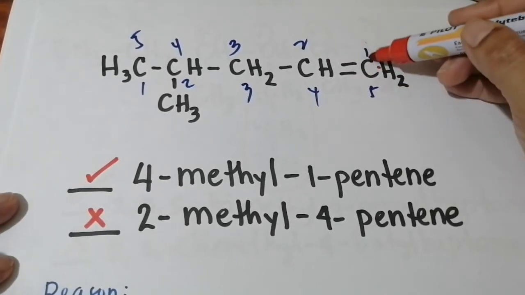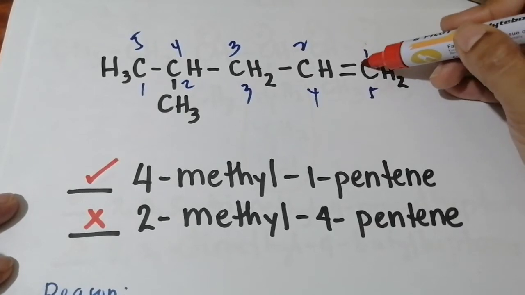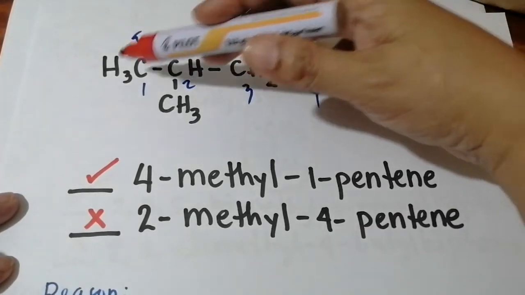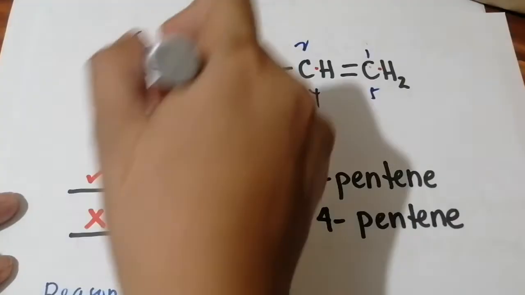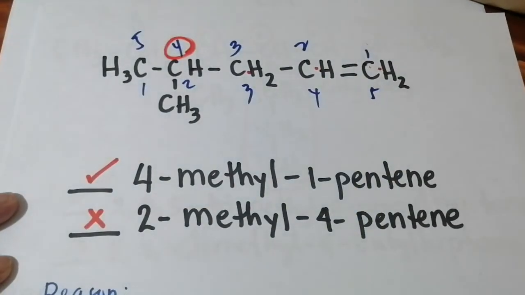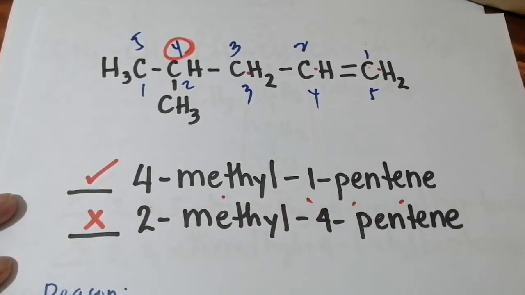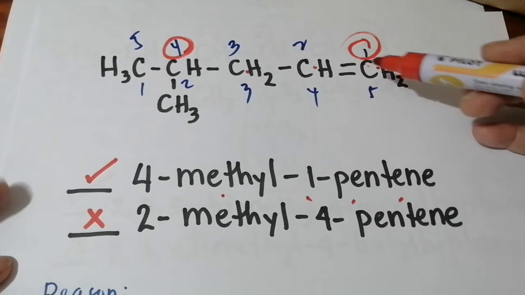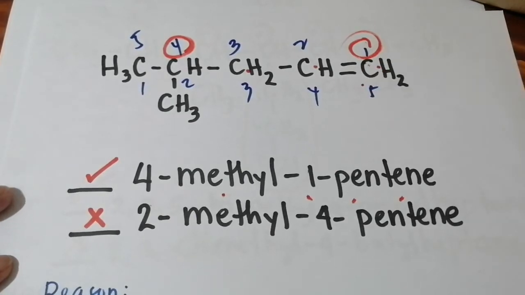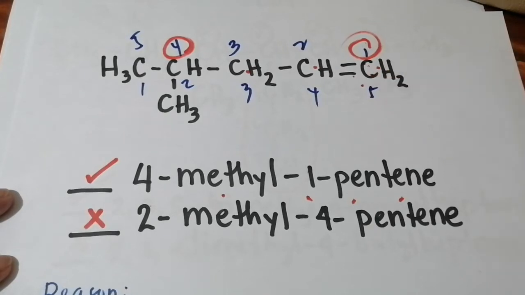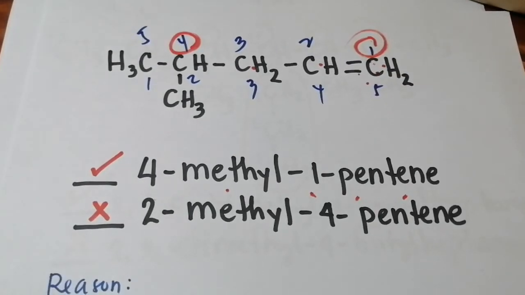That's why we have to start counting from here: 1, 2, 3, 4, 5. That's the reason why the correct answer is 4-methyl-1-pentene. We have to start from the carbon nearest to the double bond, and it's this one. Okay? Next. What about this?